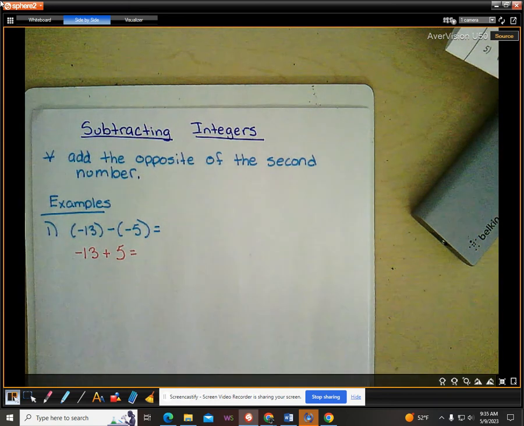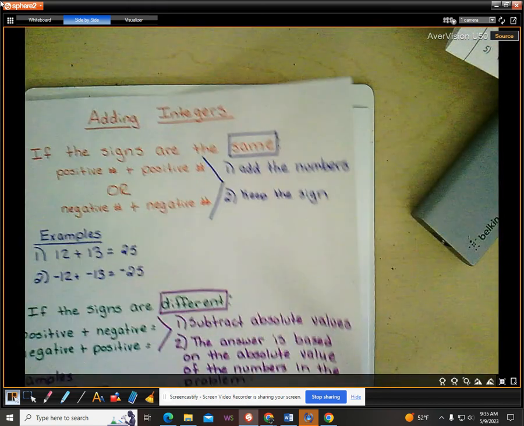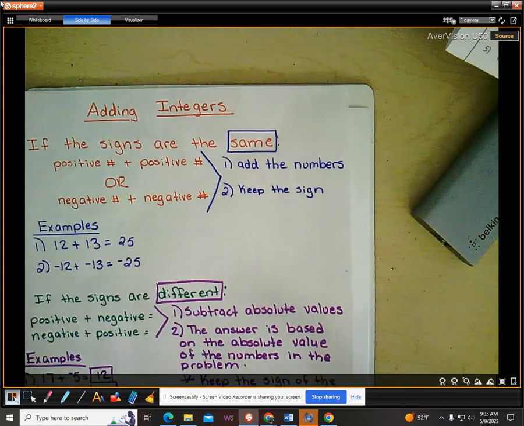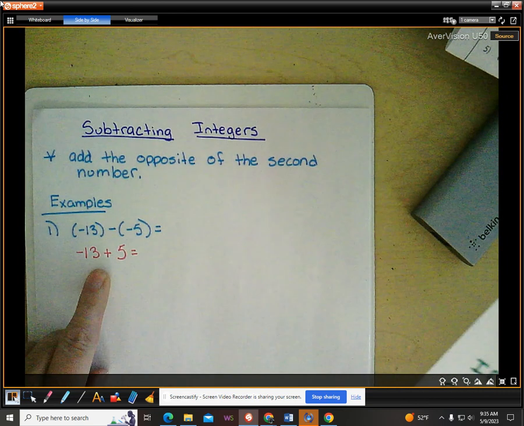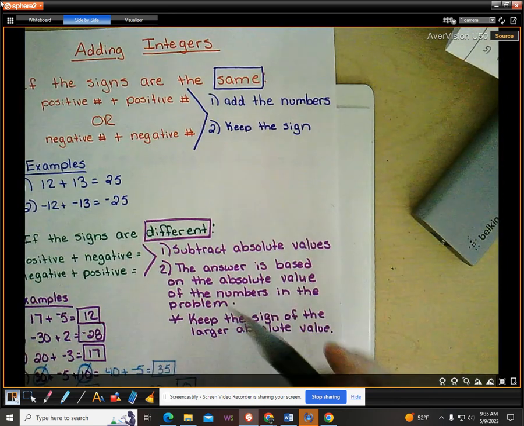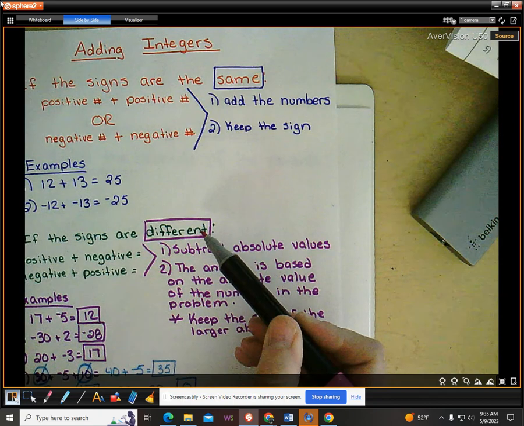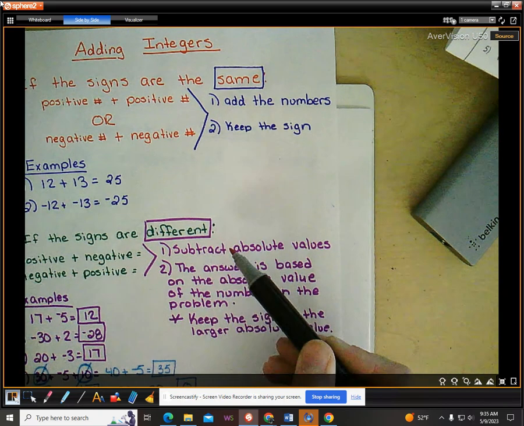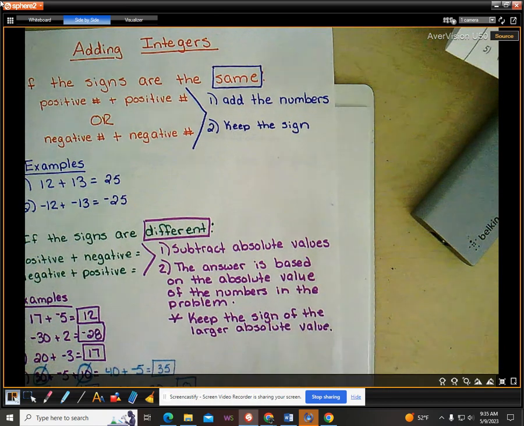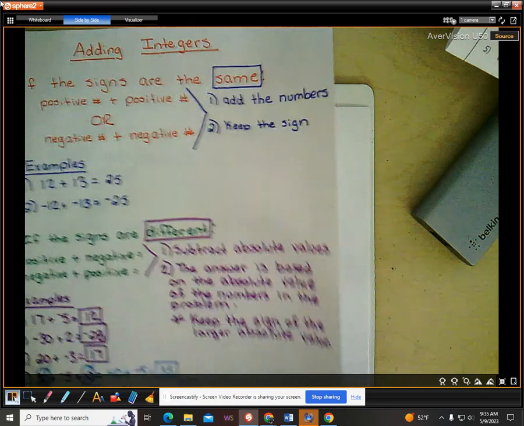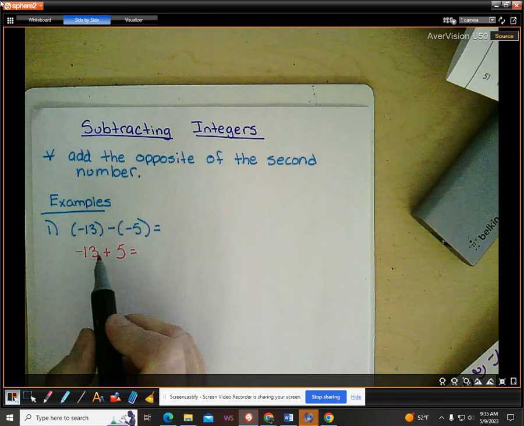Then you are going to go back and follow the notes that we had from Monday. Okay, so your new problem, your signs are opposite. So you're going to follow your notes for the signs being different. We're going to subtract the absolute values and then keep the sign of the larger absolute value. So since our signs are different, we are going to subtract.